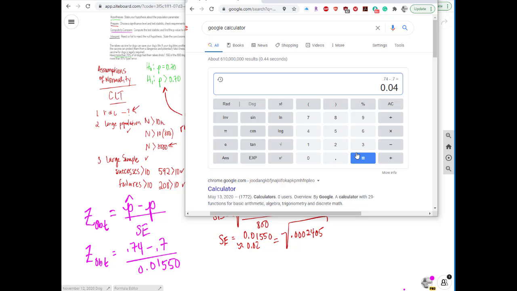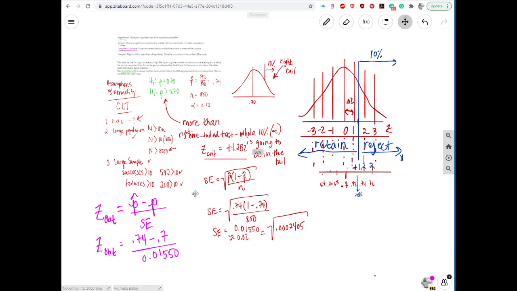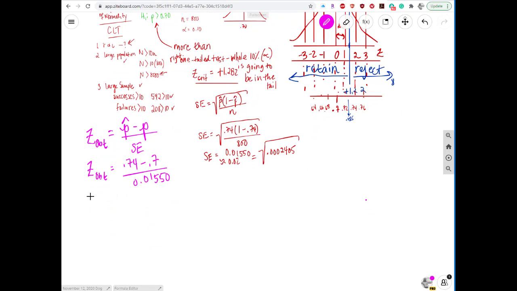I'm going to divide that numerator by the standard error, which is 0.01550, equals, and I get a Z obtained of 2.58. So my Z obtained equals 2.58. And of course that is positive.